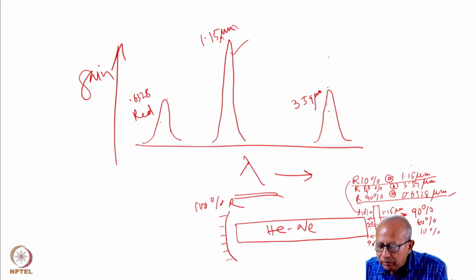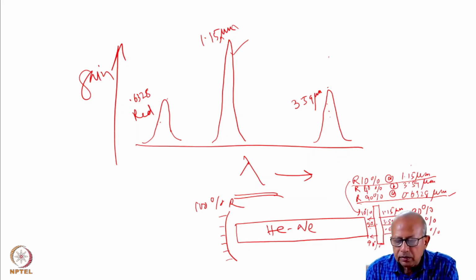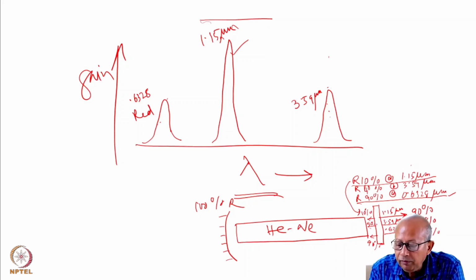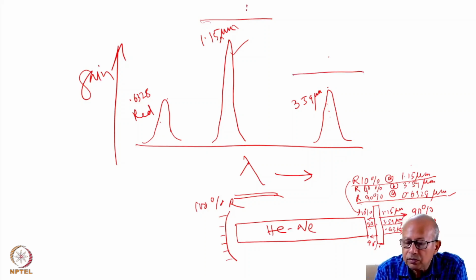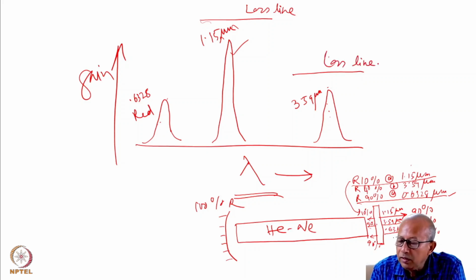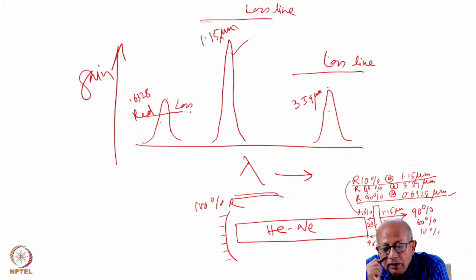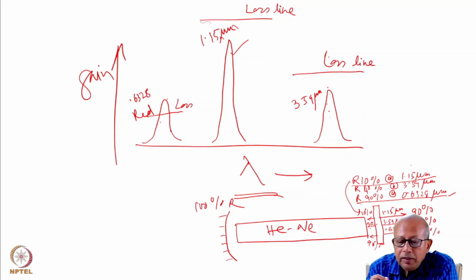Now suppose we locate the loss lines. For 1.15 micron, the loss line is located here, and the loss is very high. For 3.59 micron, this is the loss line. The loss line is now wavelength dependent. For the red line, the loss is so small that it is located here. So you can see in this scenario, there cannot be any lasing on either of these two lines. The line with the highest gain cannot lase because the loss is now more than the gain.